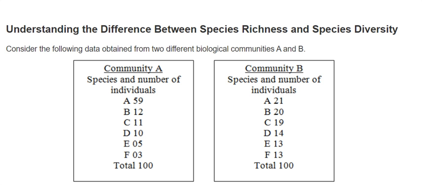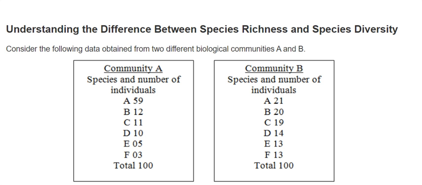Now we look at this example wherein you can see two different biological communities, A and B. It mentions the species and the number of individuals in that particular community. By looking at these two communities, the species richness and the diversity can be explained.